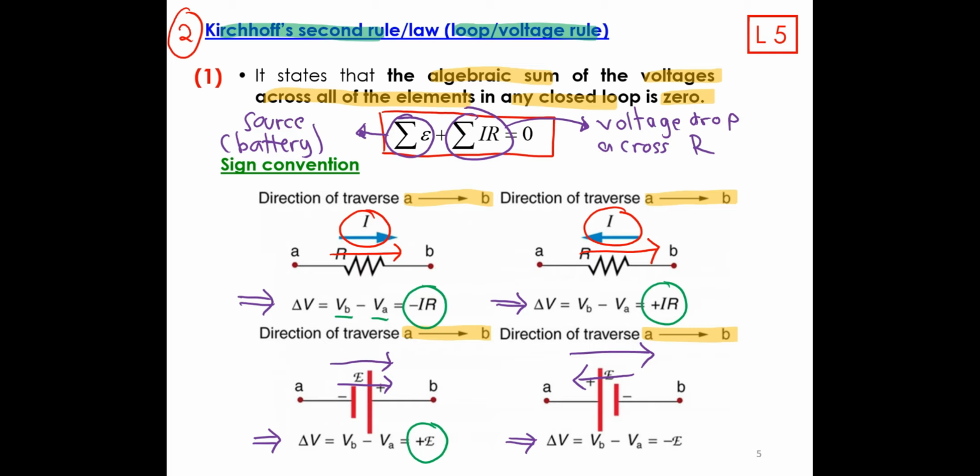Therefore, the potential difference for this EMF has a negative sign. So these four sign conventions we will use to solve the equation.